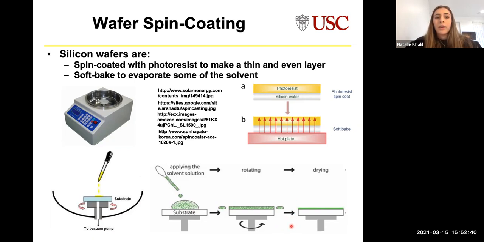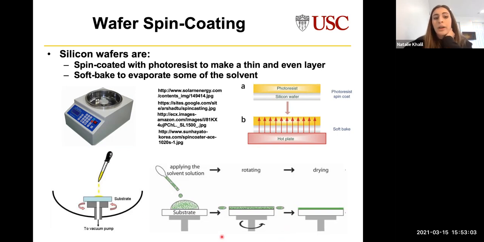And so photoresist, I've worked with it in the lab, it's very viscous, and there are many different types of photoresist that range from 1 to 300 microns in thickness, depending on the application. And the thickness of your photoresist will determine the thickness of your features.